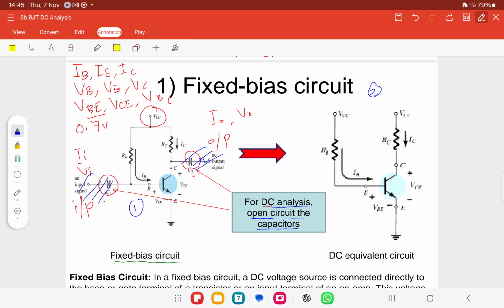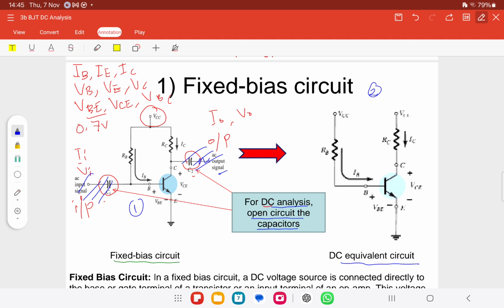At C1 and C2 the connection is cut off. So anything related will not be there, so the AC output signal and AC input signal are all gone. So we get only this DC equivalent circuit to calculate the currents and voltages above.